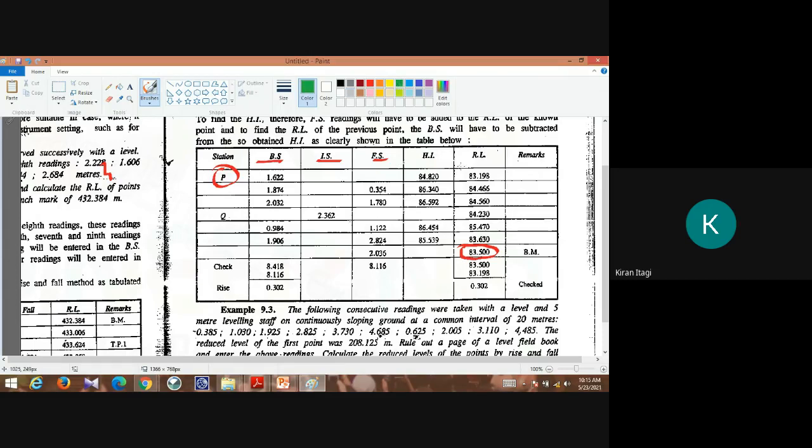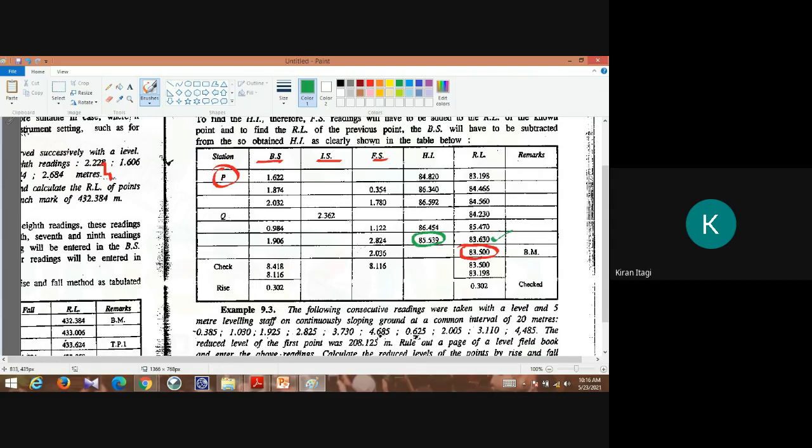What we have done here is 83.500, and all these readings he has already mentioned. Initially, this was the RL, we were adding the backsight, and we were getting the height of the instrument. With the height of the instrument, we were deducting the foresight and getting the RL. Then for this RL, we were adding the backsight and getting the height of the instrument. Here also, first we have to determine the height of the instrument, then we will get the RL.